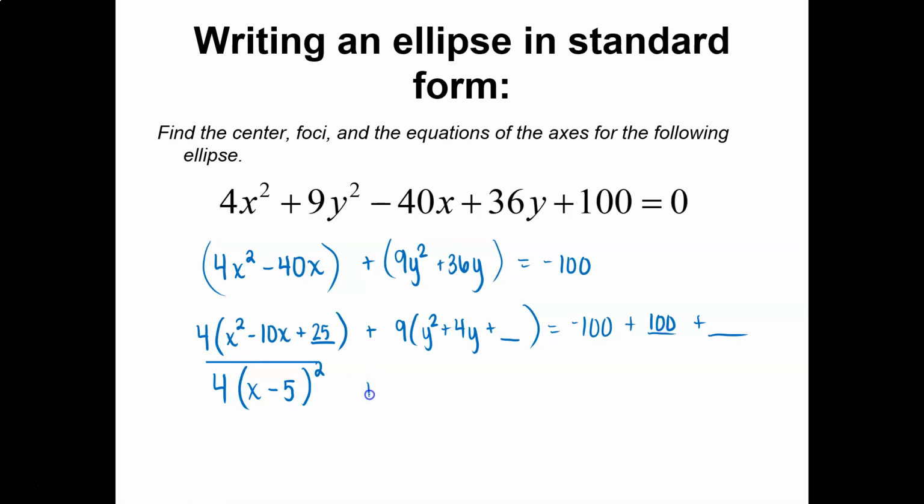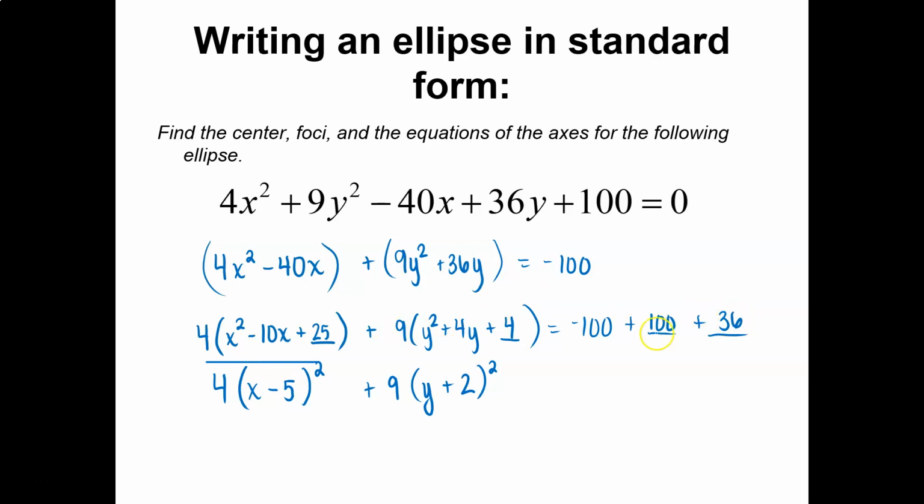All right, so we're going to do the same thing over here. So y squared plus 4y plus blank, we need to factor that and complete the square. So it'll be y plus 2 right here. What number goes in the blank right here? 4. What number goes in the blank on the other side? 36. We got to do 4 times 9 to get that 36.